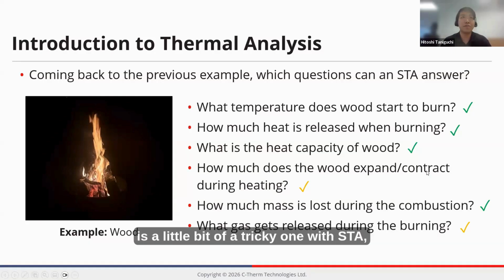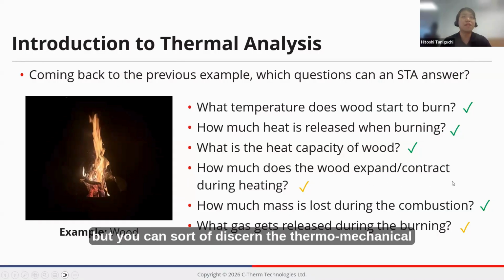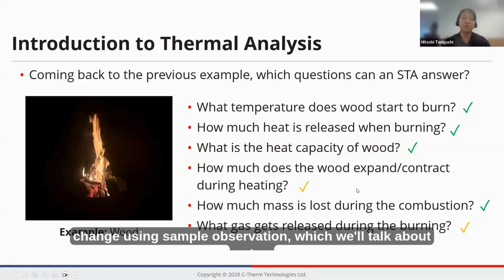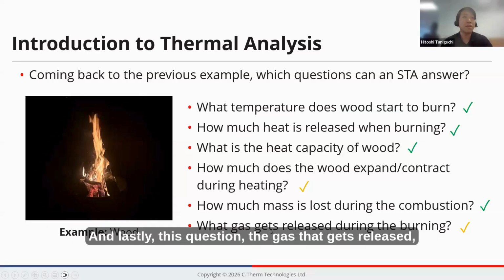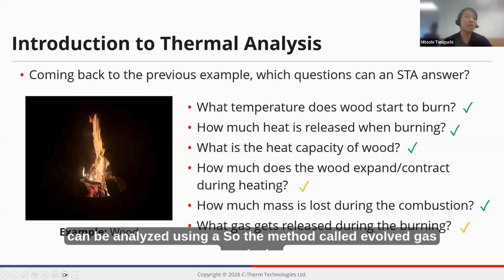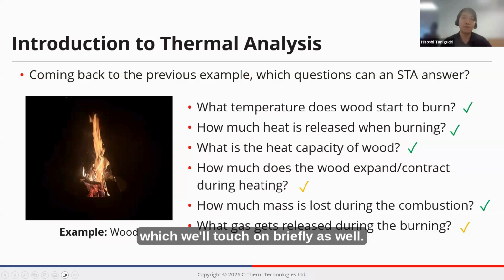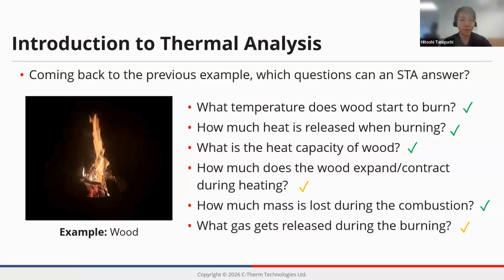Expansion and contraction is a little bit of a tricky one with STA, but you can sort of discern the thermomechanical change using sample observation, which we'll talk about today. And lastly, the gas that gets released can be analyzed using a method called evolved gas analysis, which we'll touch on briefly as well.